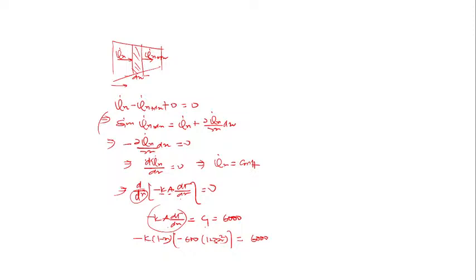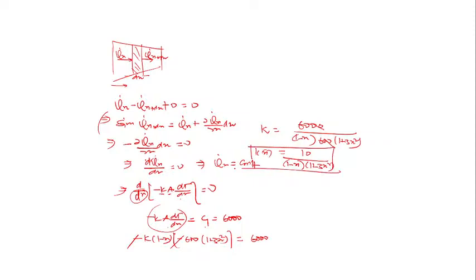So from this, if you divide, then minus cancel, then k is 6000 upon 1 minus x into 600 into 1 plus 3x square. This 20 cancel, it becomes simply 10 upon 1 minus x into 1 plus 3x square. So here I got k as a function of x. Yes or no?